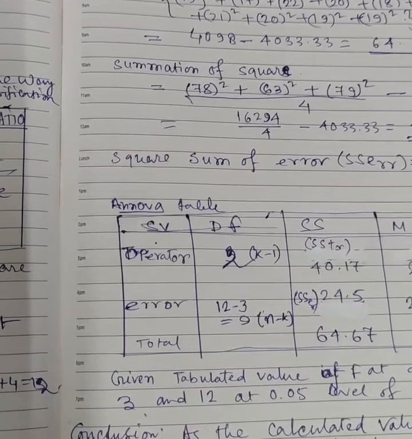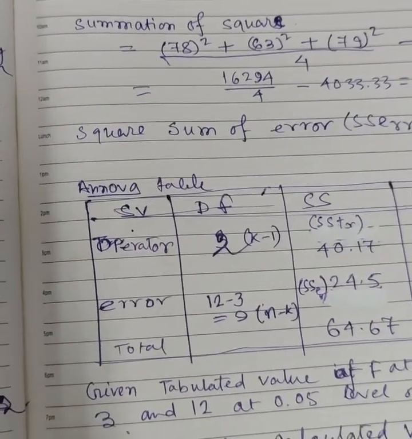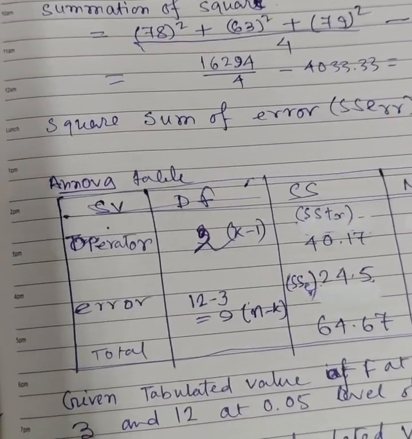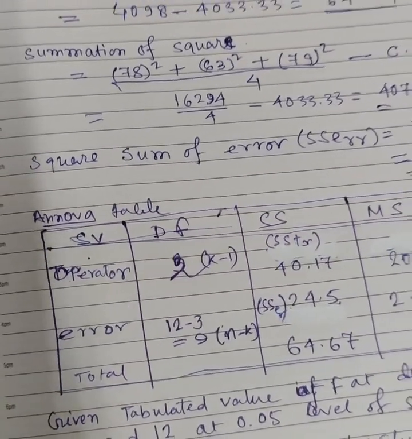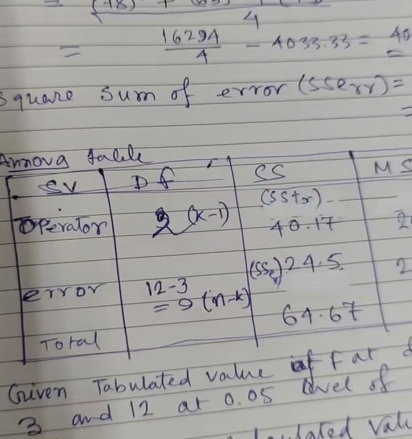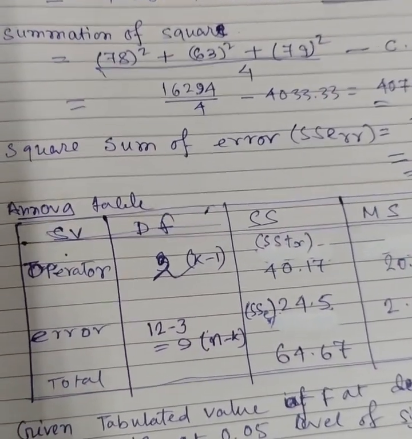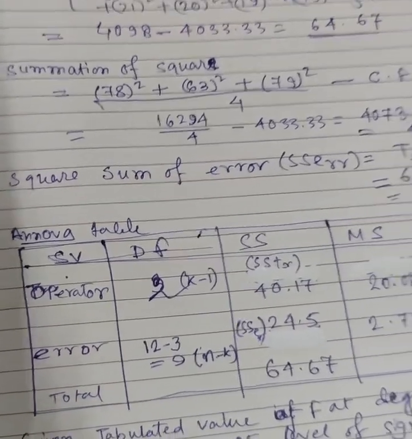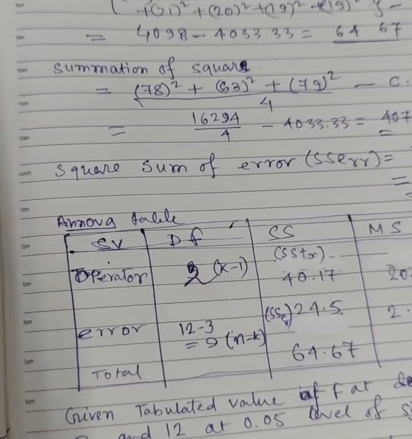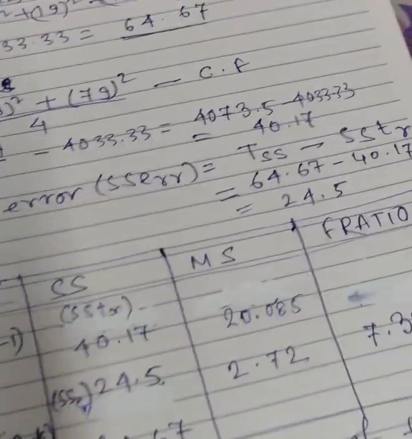First is DF, degrees of freedom: K minus 1, because there are 3 columns, 3 minus 1 is 2, and N minus K is 12 minus 3, that is 9. The tabulated value F(2, 9) is given here as 4.26. So it is very common that 2 and 9 should be used.